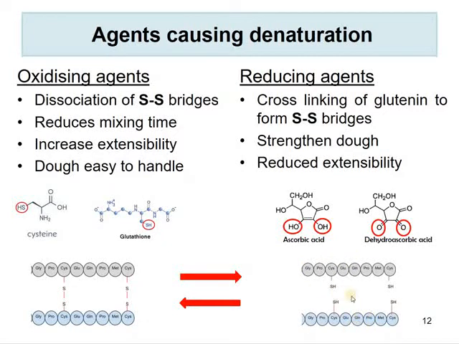When you have dissociated the cysteine groups, you end up with a dough where you reduce the mixing time, because remember, the mixing is the dough and the kneading. But when the structure has been softened, you don't need a lot of time to do the mixing, and it increases its extensibility. The dough structure has an elastic structure, but when the disulfide bridges are dissociated, it becomes extensible.